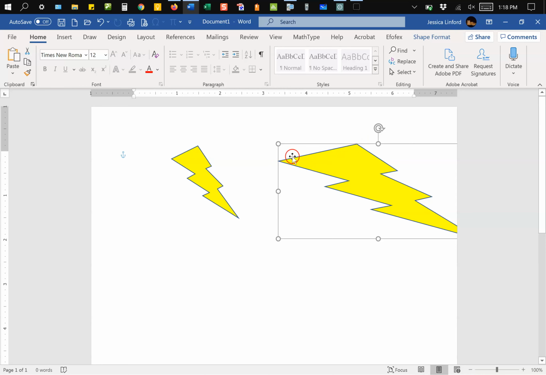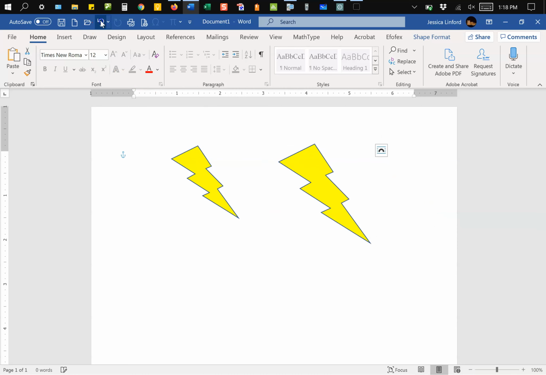So the width was changing a lot, but the height was not changing. And when I dragged it that way, the angle sizes, how wide that angle right there is, changed a lot. And this angle right here is a lot different from that angle right there.